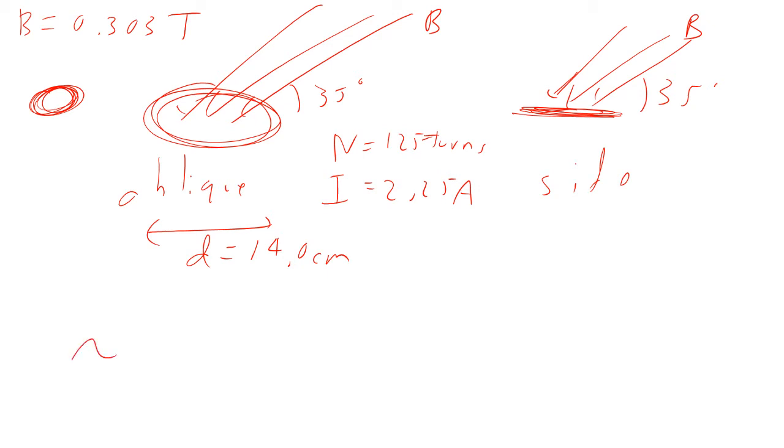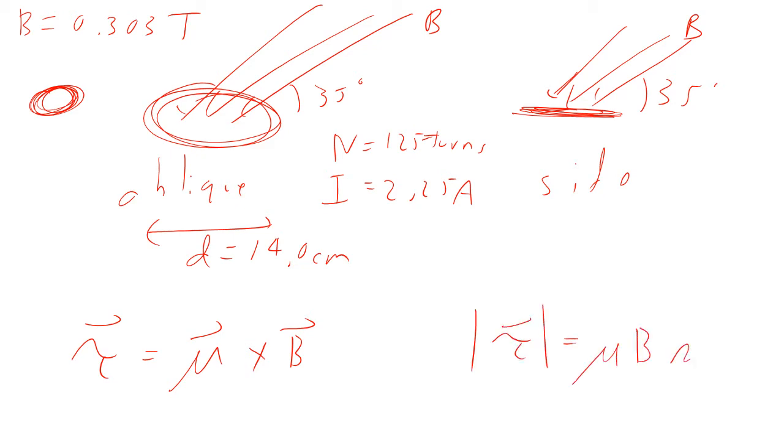Well, we know that torque is equal to mu cross B. So that means the magnitude of the torque is mu B sine theta. Now we've got to figure out these particular parameters. So first of all, mu.